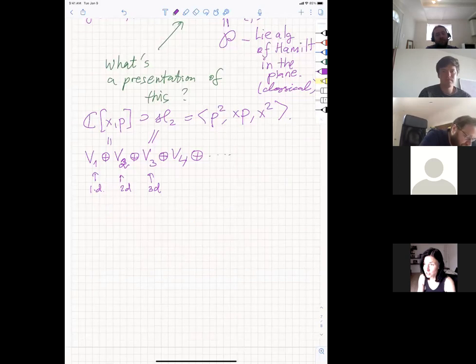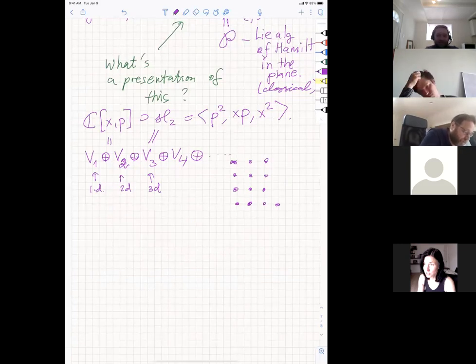If you draw it on checkered paper like this, it is the basis of this algebra. This is, for example, the monomial x squared p cubed.